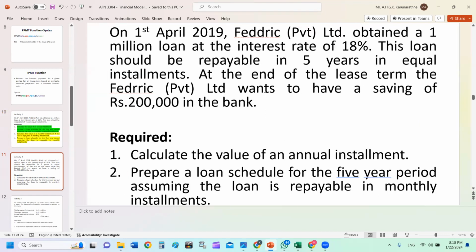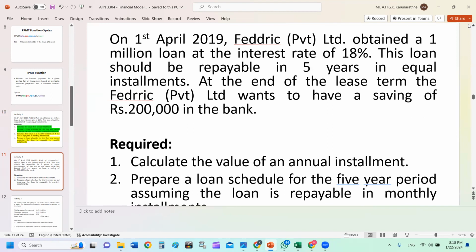Activity number 3. On 1st April 2023, Frederick Private Limited obtained a 1 million loan at an interest rate of 8%. This loan should be repayable in 5 years in equal installments, almost the same as before, but there's a difference.